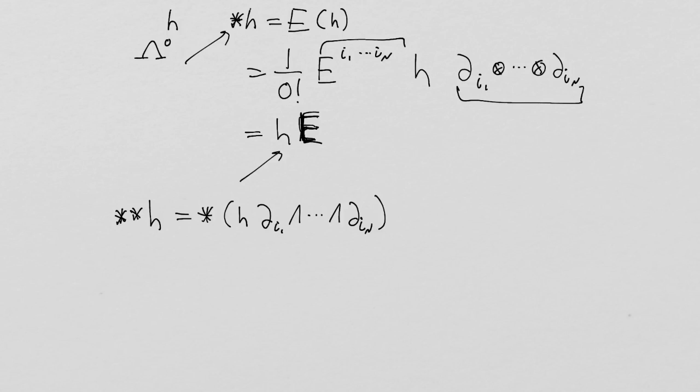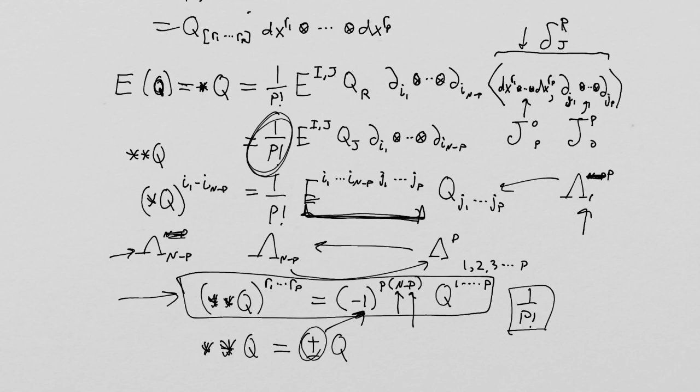But what is this going to be? Well, this inside is going to be 1 over n factorial. So now we're doing the dual of, remember, P from the last slide, this expression here. P is now equal to n.